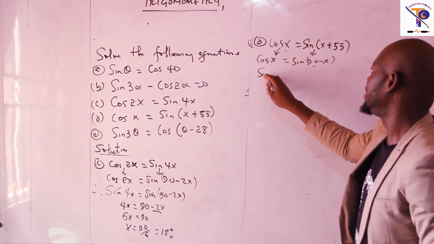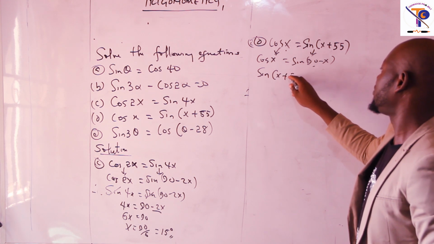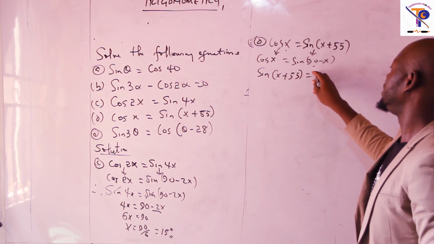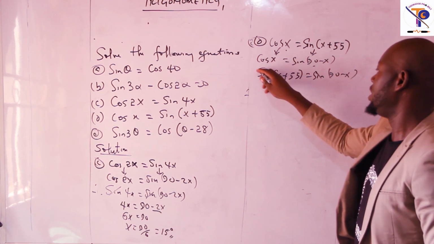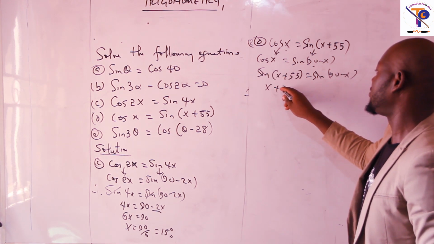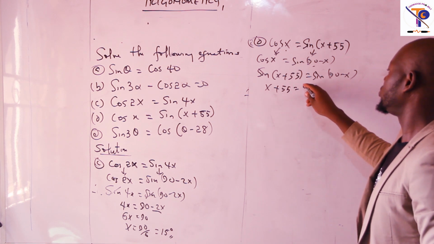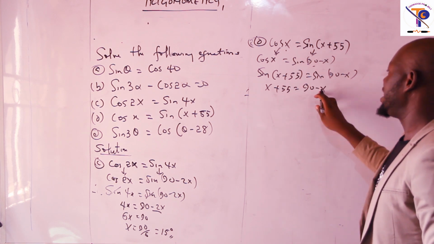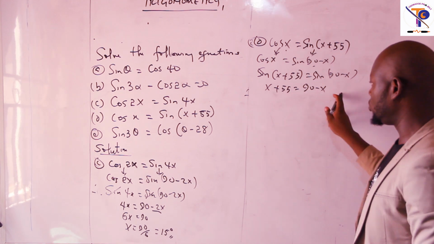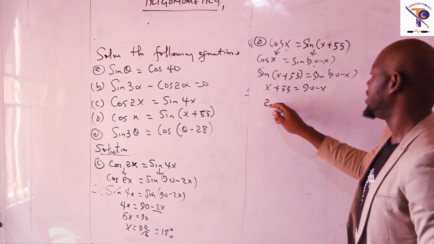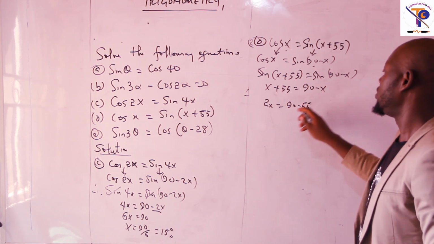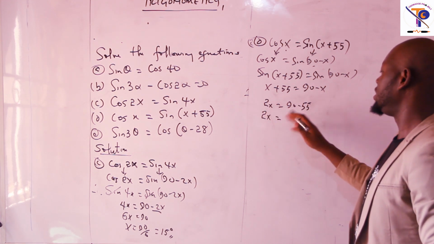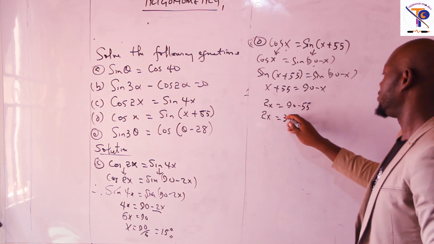I have sine x plus 55 is equal to sine 90 minus x. So this will leave x plus 55 is equal to 90 minus x. If I send x to this side and this to this side, I will have 2x is equal to 90 minus 55. So I have 2x is equal to 35 degrees.